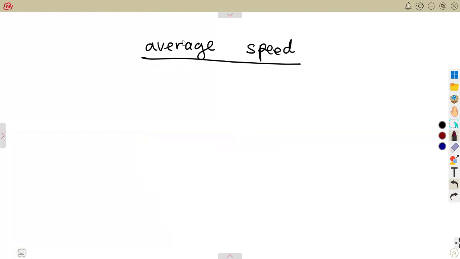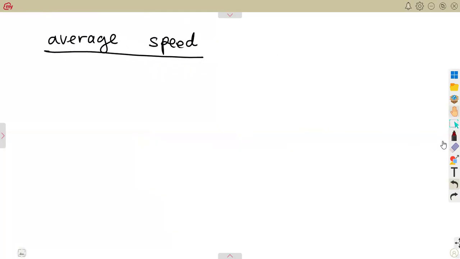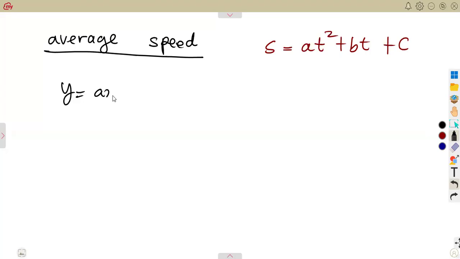So the average speed, guys, is simply the same thing. Remember, if an object is taken from our engineering science, we understand that the displacement can be given in terms of t as at squared plus bt plus c, which is simply the same presentation of a quadratic function, y equals ax squared plus bx plus c.